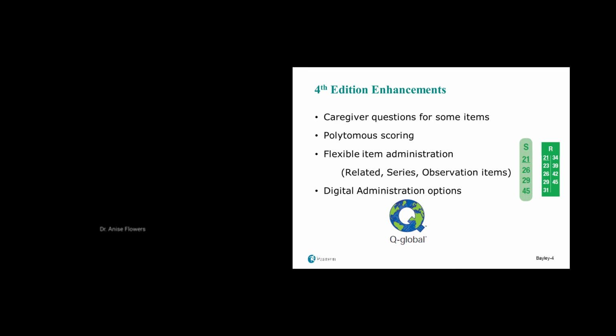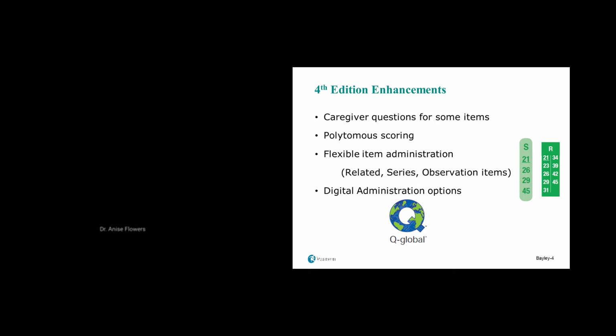So we have related items, series items, and observation items. Many of the observation items are language skills, along with some from other areas, where you can, anytime during your evaluation, from when the child comes into the room until they leave, if you see something that's an observational item, give credit or score that.